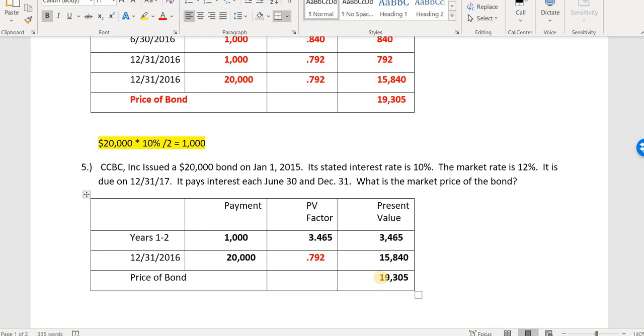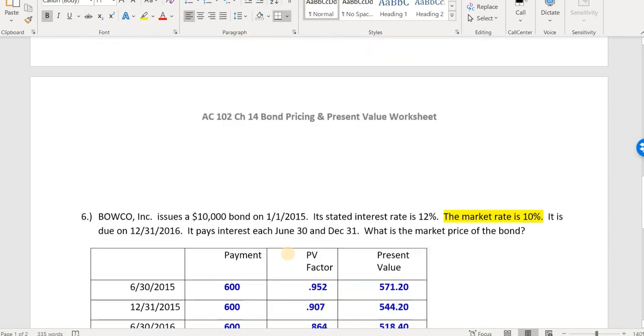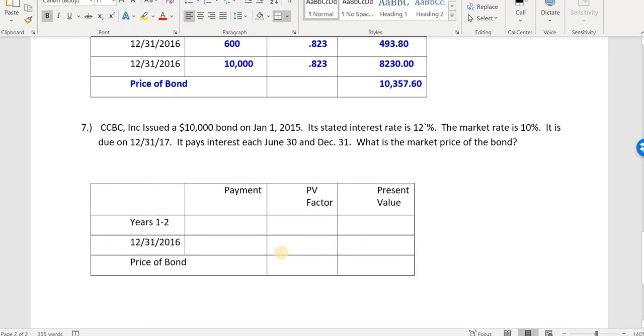Just a little faster. Now, it's not a big deal if you have 4 payments, but if you have a 30-year bond that's payable 4 times a year, that's 120 lines in your table. You can save a lot of energy by using the annuity table. So take a second, pause the video, do the one on the back using the annuity table.